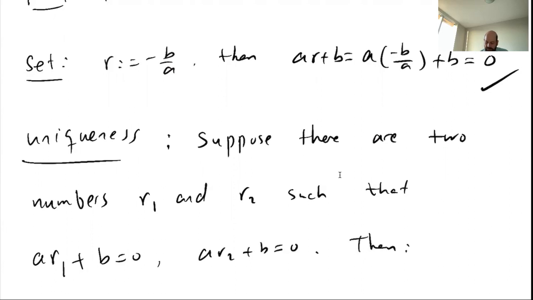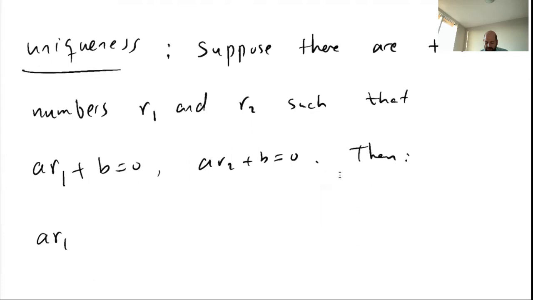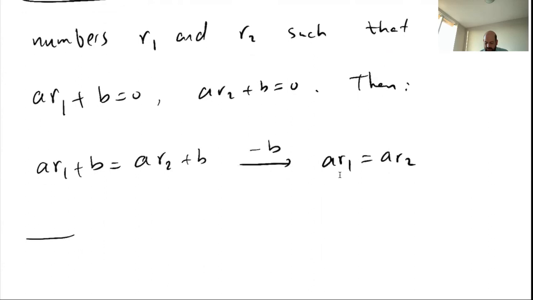Then what can I conclude? Then I can say that AR1 plus B has to be equal to AR2 plus B. And then if I subtract B, I can say AR1 equals AR2 and divide by A, because A is not equal to 0, right? So I can divide by A, and then I can say R1 has to be equal to R2.